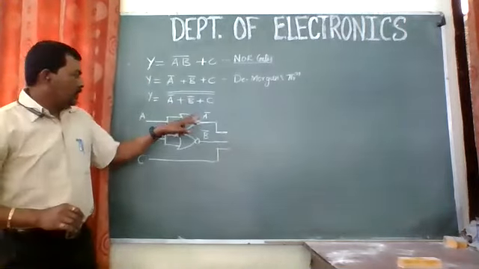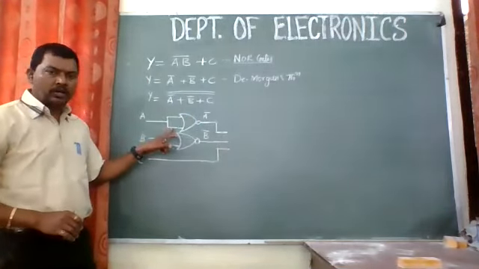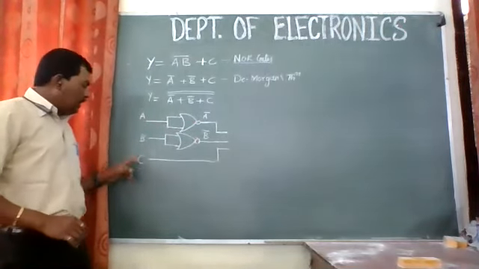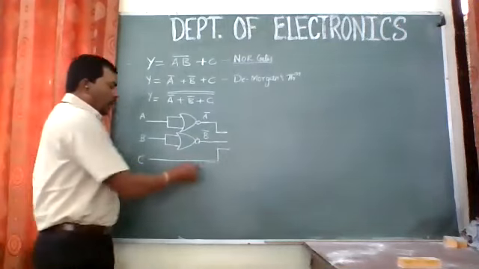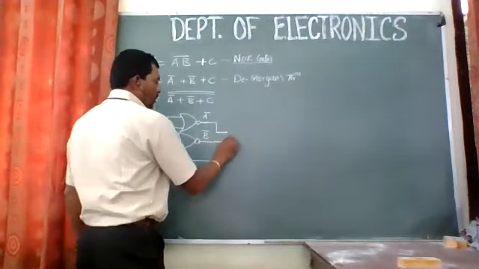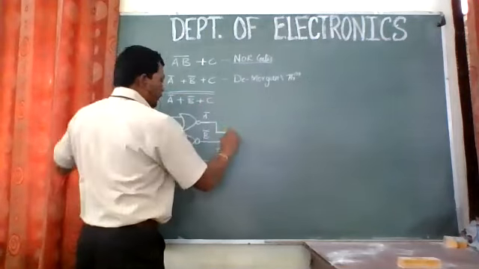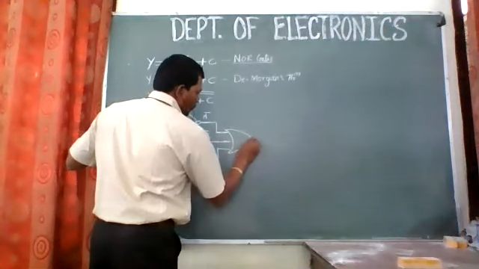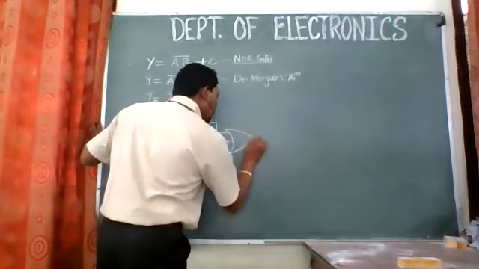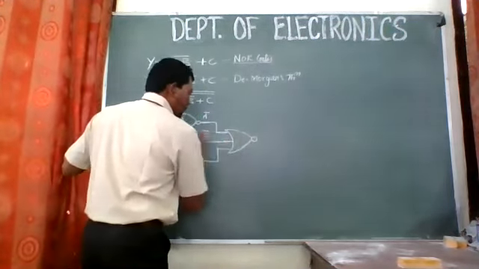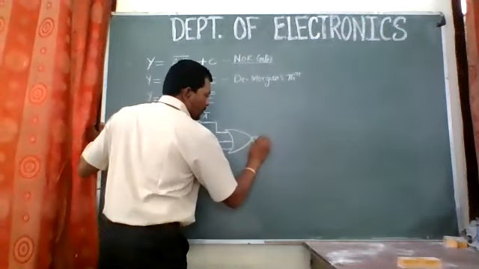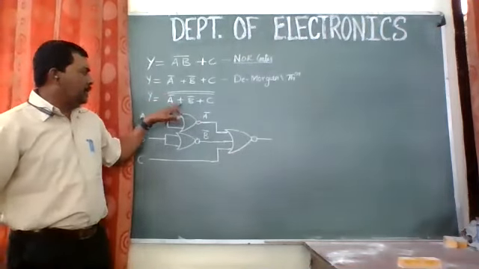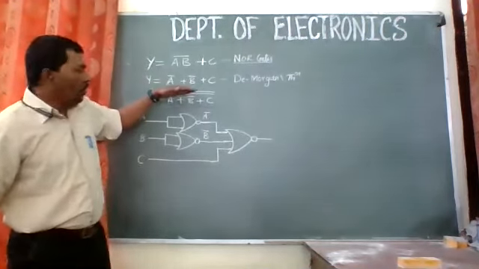So A complement by using NOR gate only, B complement again by using NOR gate only, and C we are taking directly. Now we can put it to a NOR gate, a three input NOR gate like this. So this will give you the first equation, that is A complement plus B complement plus C whole complement.